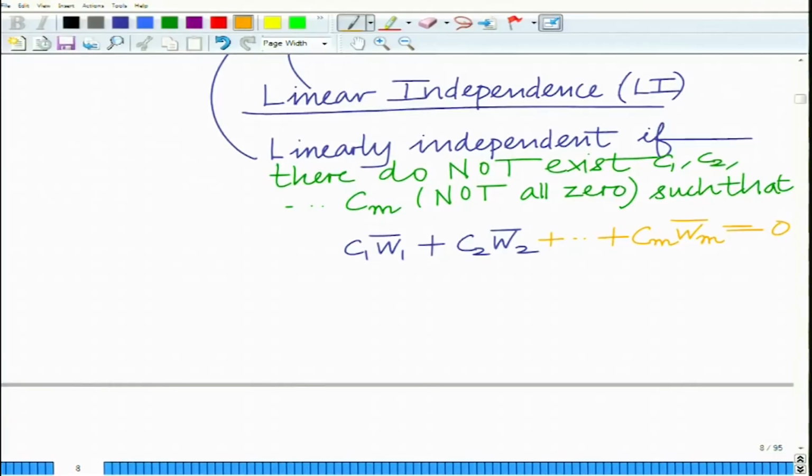Alright, then this is known as a linear combination. So, there cannot be a linear combination of these vectors W bar 1, W bar 2, W bar m that equals 0. So, this is basically a linear combination, that is you are weighing them by coefficients and adding them. Okay.